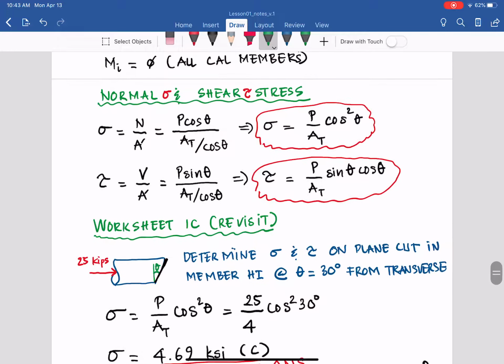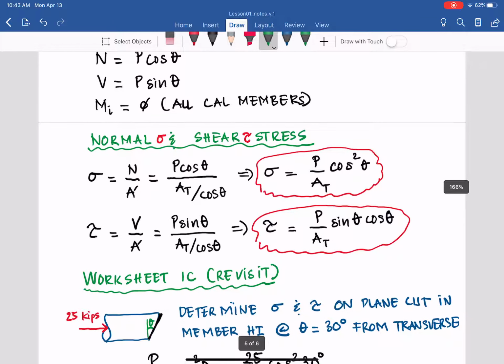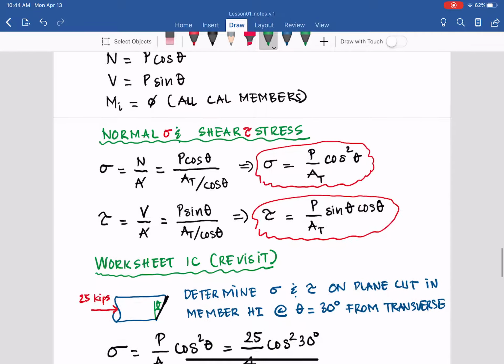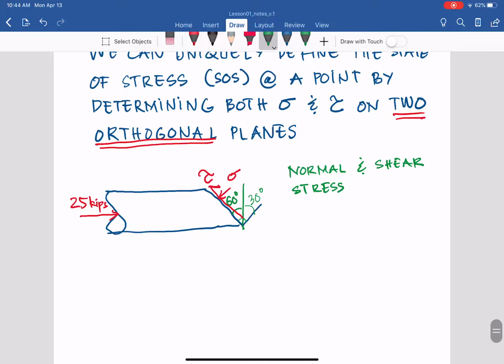For any random cut theta, sigma equals P over A_T cosine squared theta, and tau equals P over A_T sine theta cosine theta. So let's write it down here.